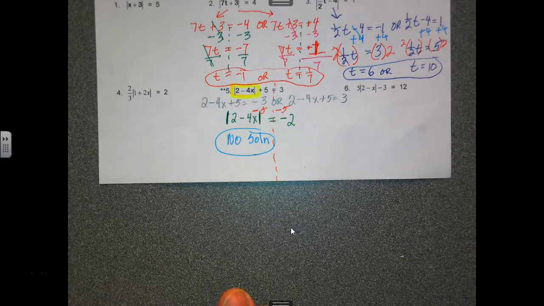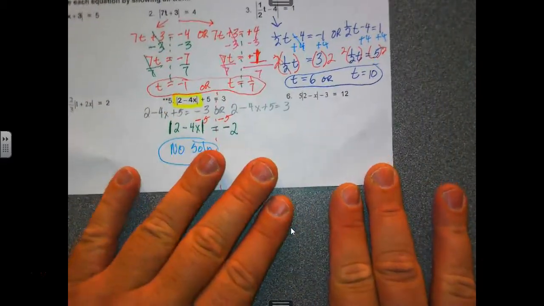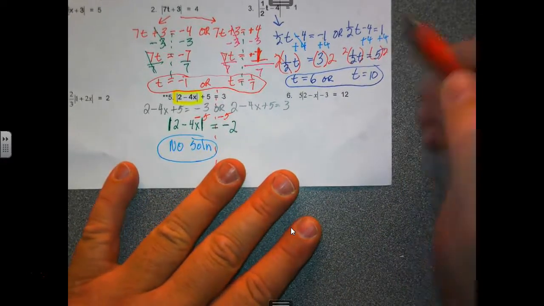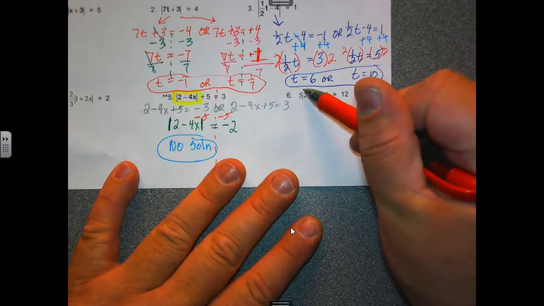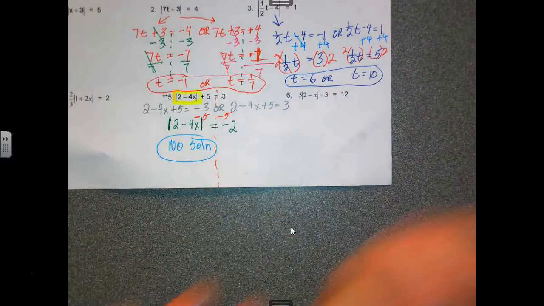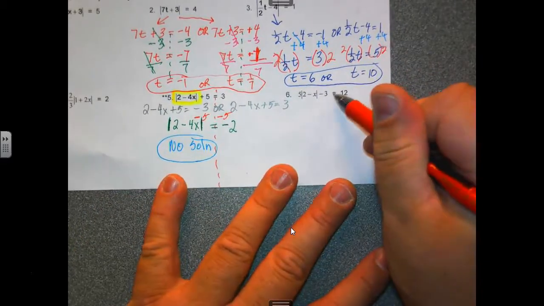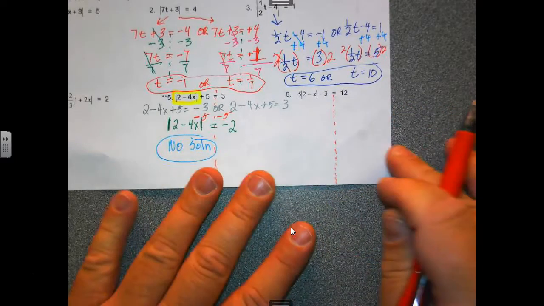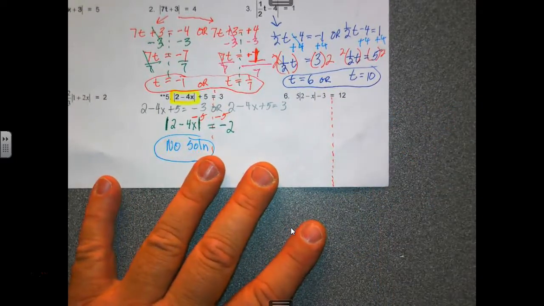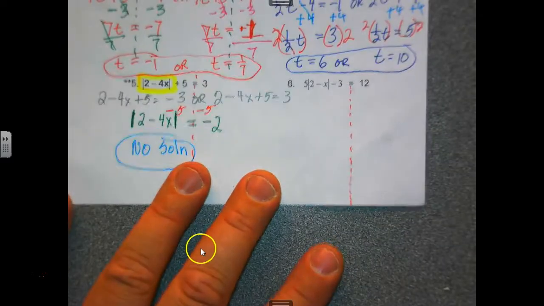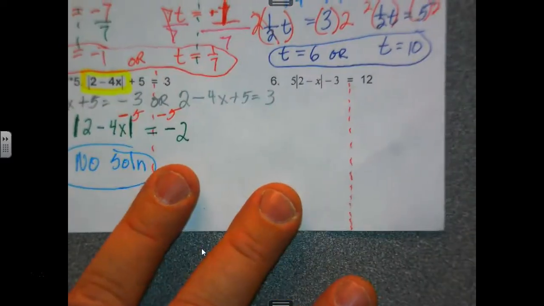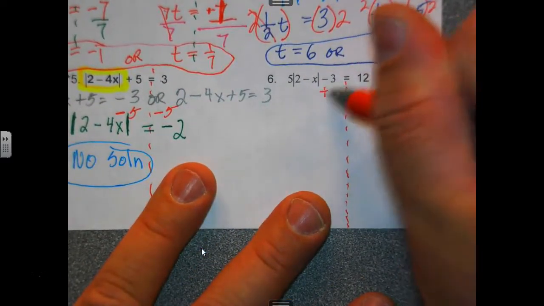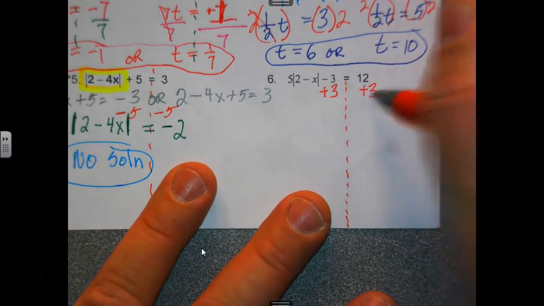I'll do one more. Number 6. Before I do anything, I have to isolate the absolute values. And in fact, there's a lot going on with this absolute value. What am I going to do first? Yeah, I'm going to add the 3 to both sides.